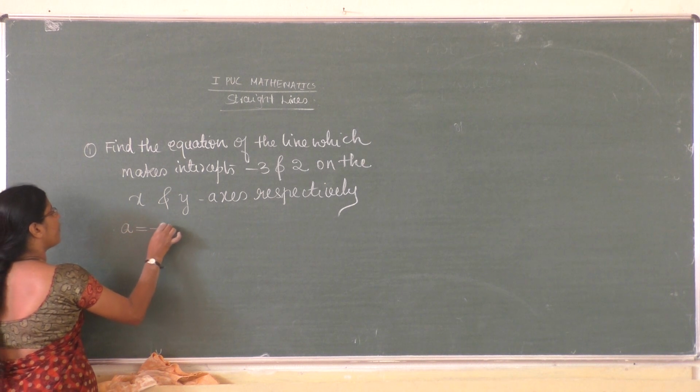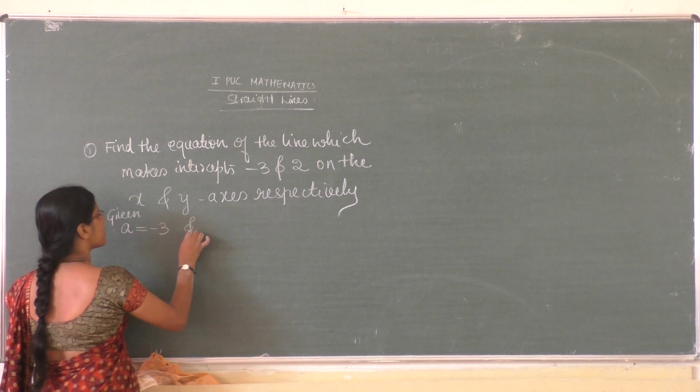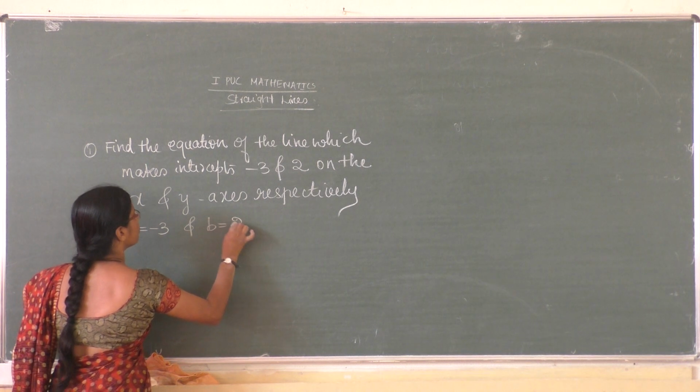So what is given? Given a is equal to -3 and b is equal to 2.